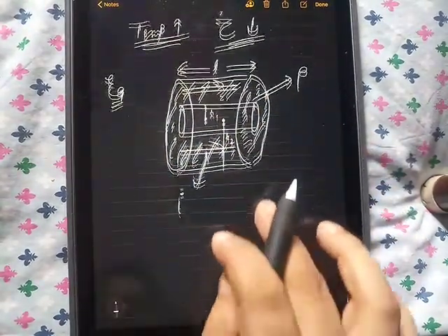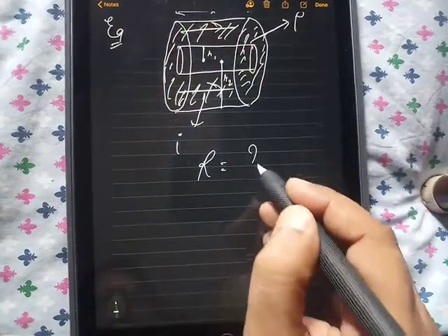Now we have to find the resistance of this given conductor. R equals question mark.